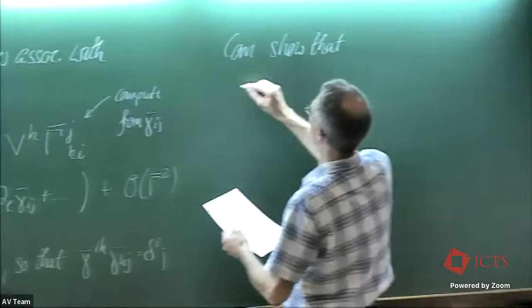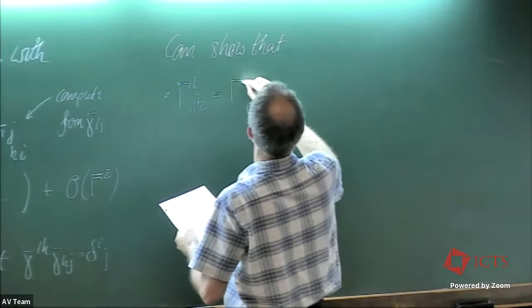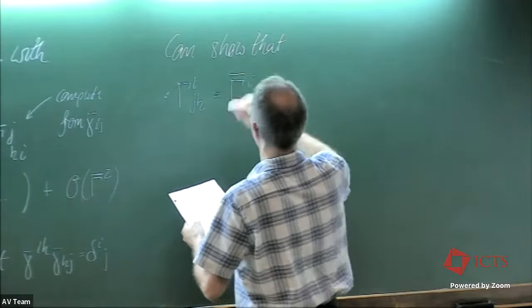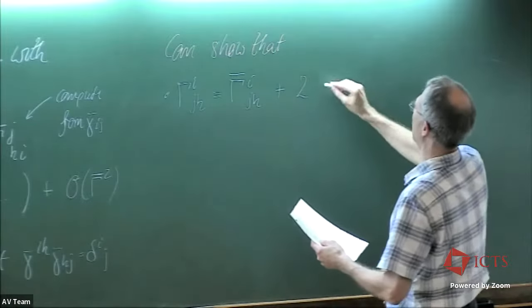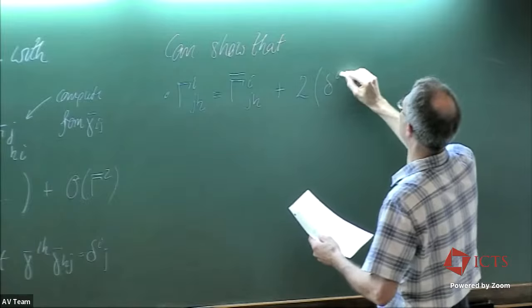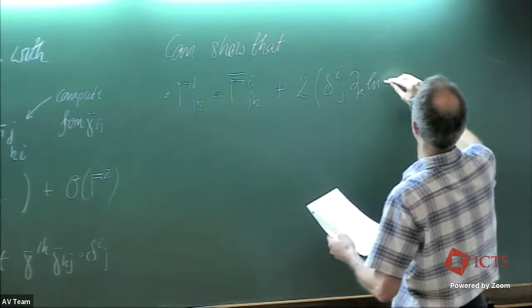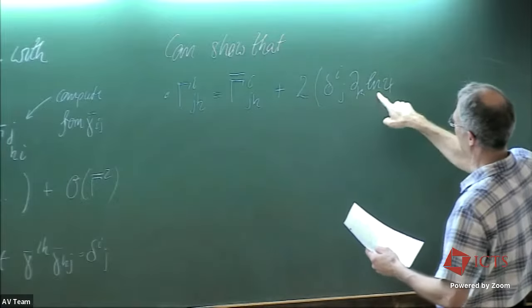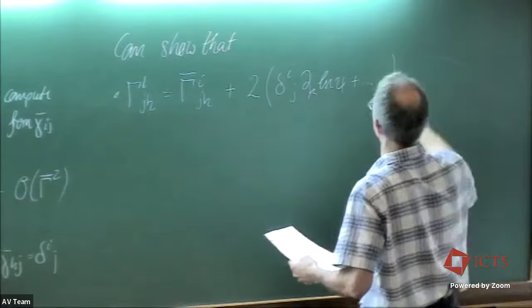So in fact, I'll ask you to show in the tutorial that, for example, the gamma ijk is the same as gamma ijk bar plus terms that are derivatives of the conformal factor. So for example, there would be a delta ij partial k of the logarithm of psi, and then permutations that you get from the other derivatives.